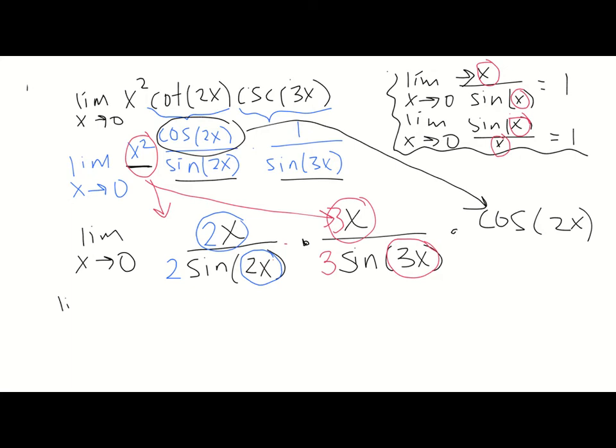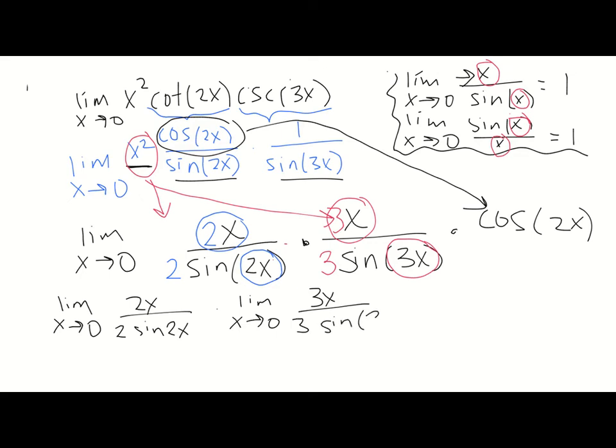So we have the limit as x goes to 0 of 2x over 2 sine of 2x times the limit as x goes to 0 of 3x over 3 sine of 3x, and then times the limit as x goes to 0 of cos 2x. And then let's evaluate all those pieces.